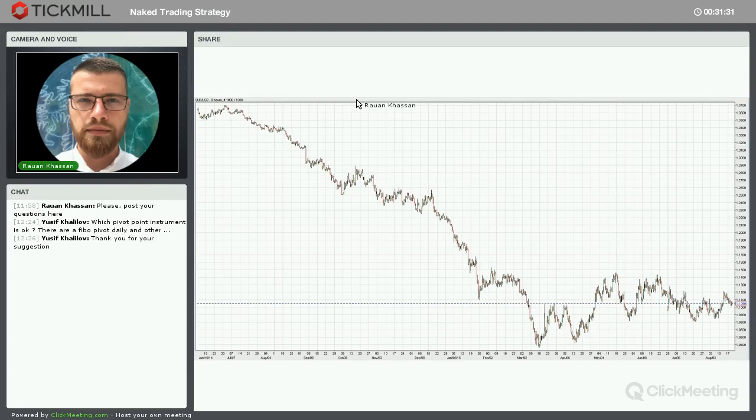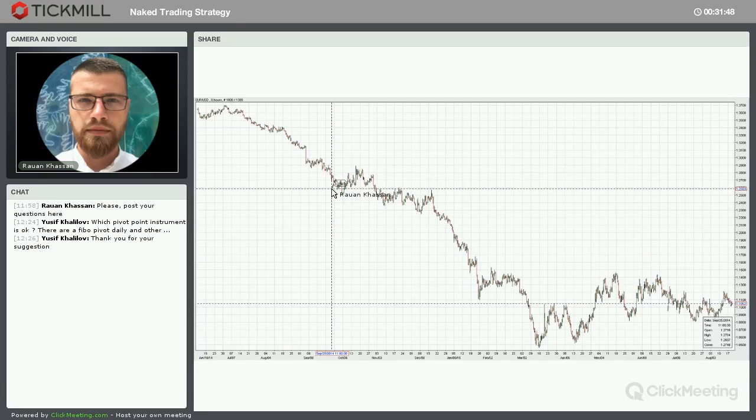And probably we need to spend some more time in the 8-hour chart because it provides us with the opportunity to provide some dynamic levels.